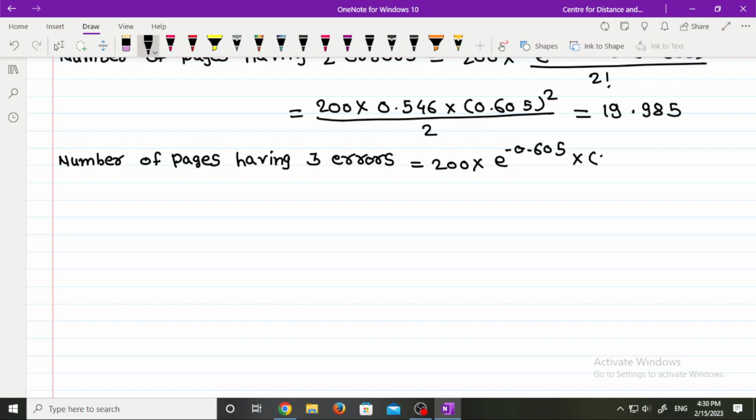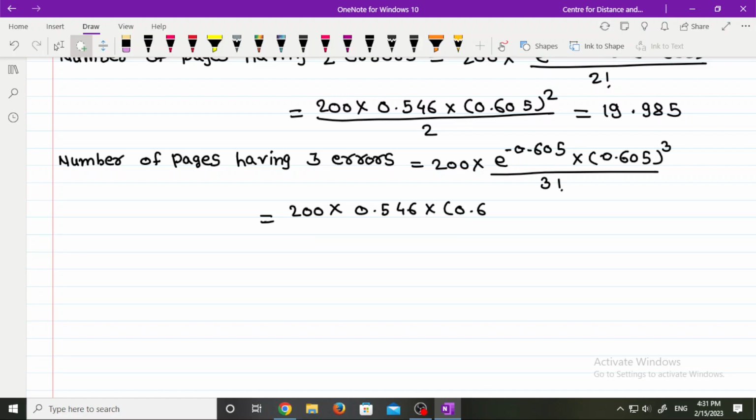The value of m is 0.605 raised to 3 divided by 3 factorial, which is equal to 200 into the value of e raised to minus 0.605 is 0.546 into 0.605 raised to 3, and the value of 3 factorial, that is 3 into 2 into 1, which is equal to 6, and when we calculate all these terms we get the answer 4.030.